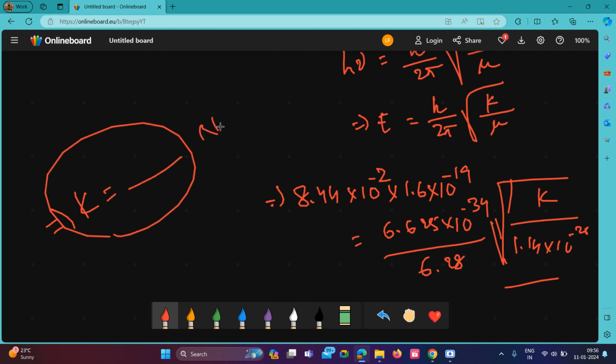The force constant will be in newton per meter. So try to calculate.